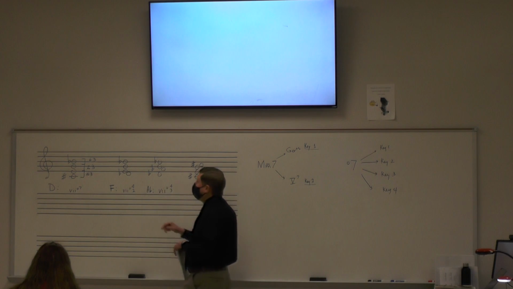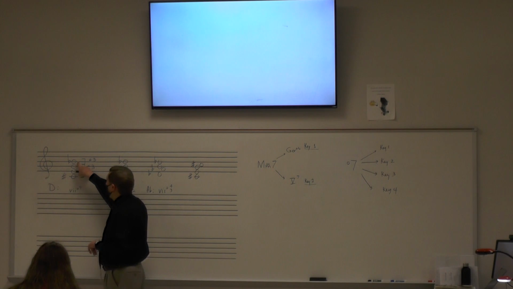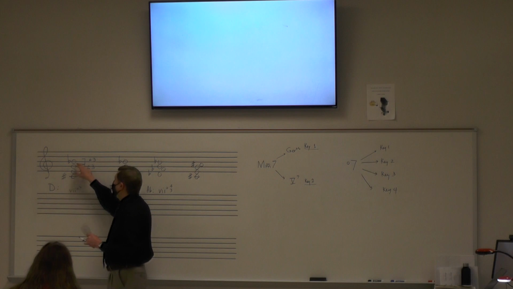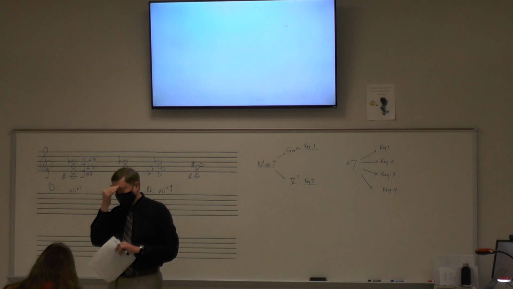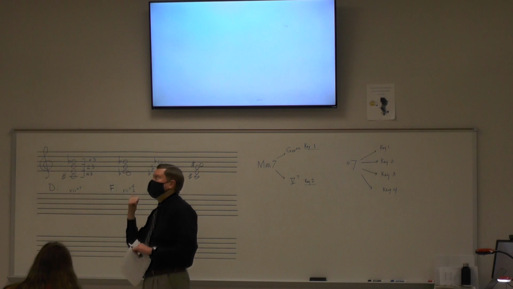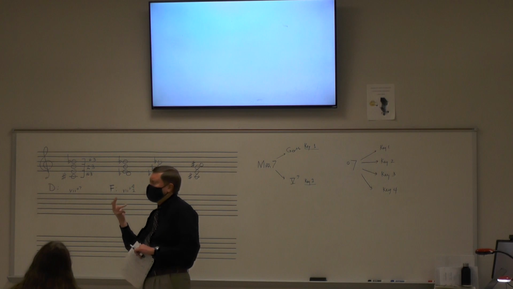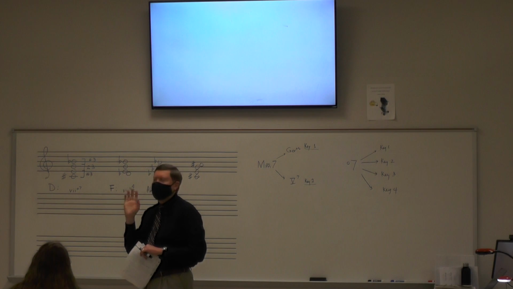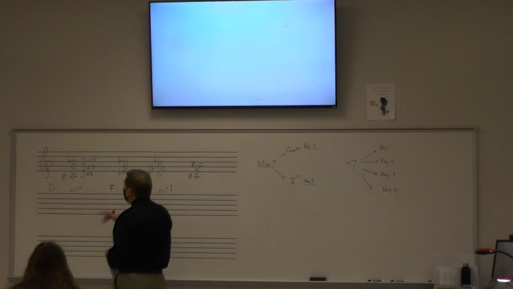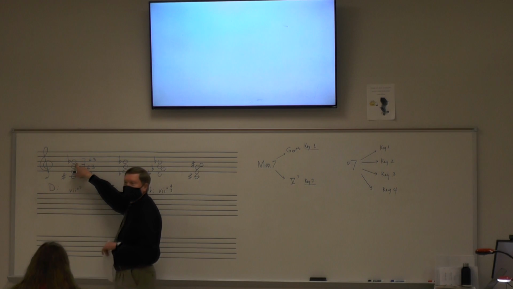And then finally, I could let B flat serve as the root. How do I spell a fully diminished seventh chord on B flat? B flat, D flat, F flat, A double flat. I don't even want to go down that road. I don't like to use double flats and sharps. So all I did was enharmonically respell this note as A sharp. I've got the same sound, but a different root, right?